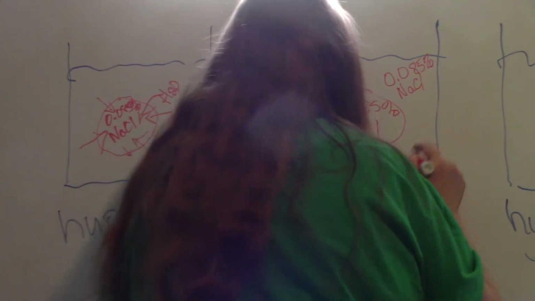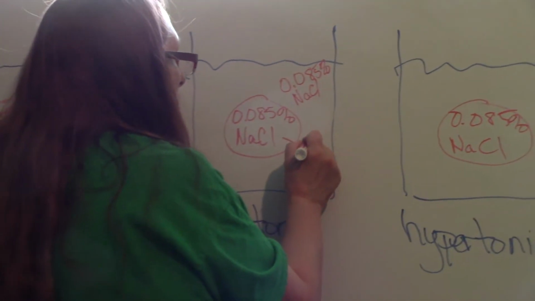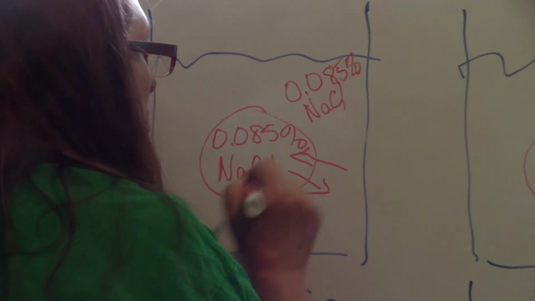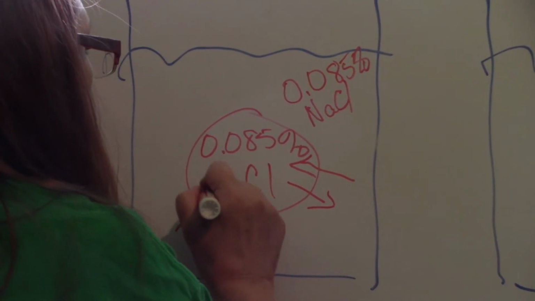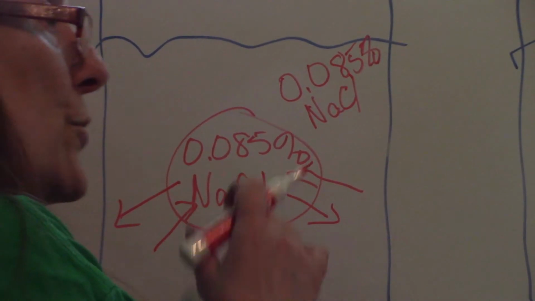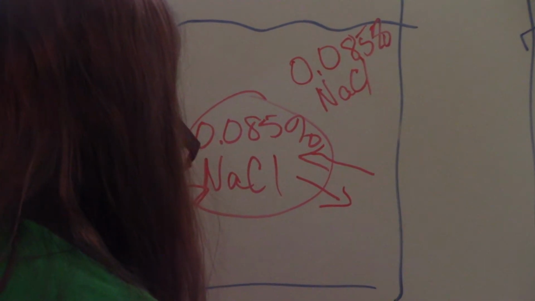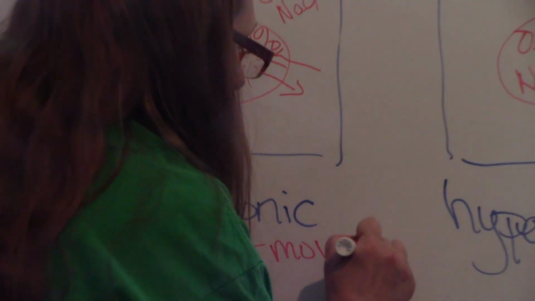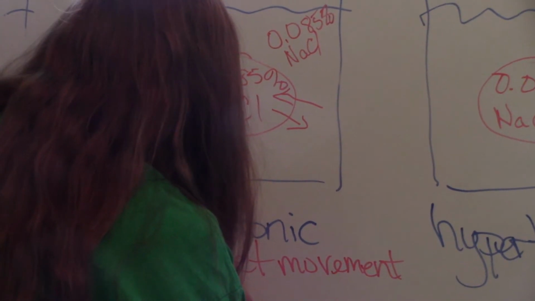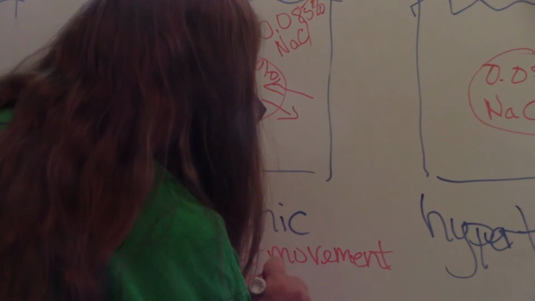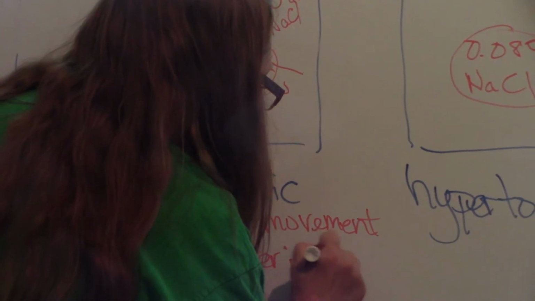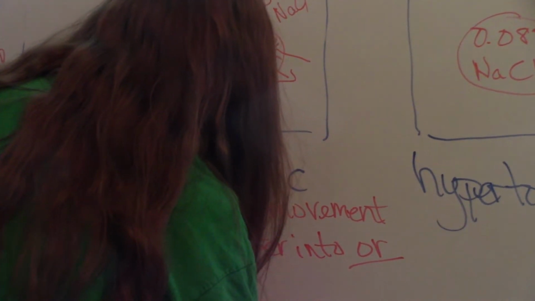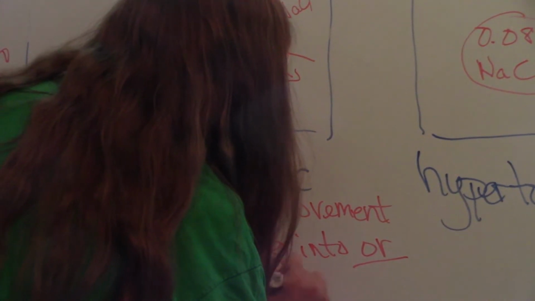So, over here, well, no, I'll come back to that. So basically, water molecules move in, but water molecules move out. Because they do that, there's no net movement of water into or out of the cell.